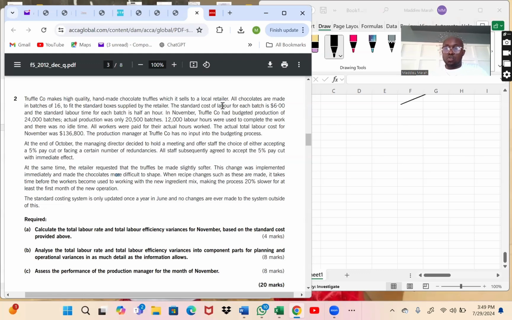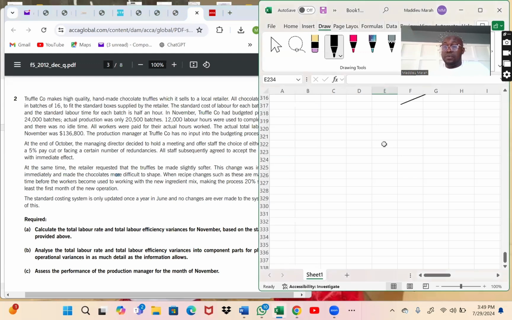The standard cost of labor for each batch is $6, and the standard labor time for each batch is half an hour. Half an hour, 0.5, sorry, not minutes, half an hour.